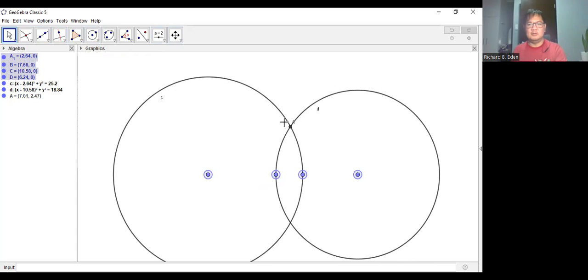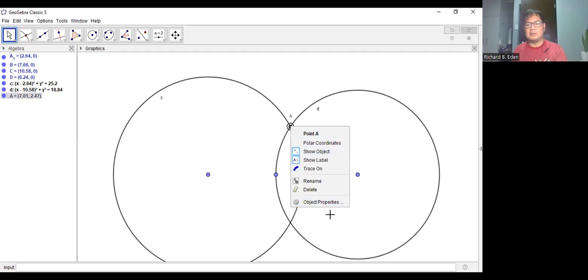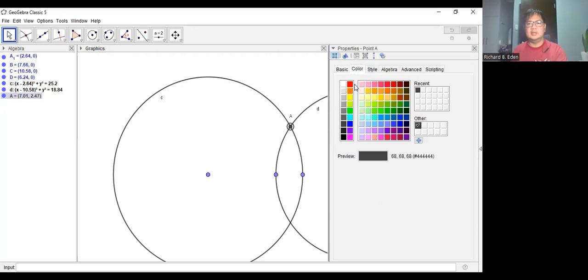So that's point A, and point D is below it. We want to make point A the center, so let's make this black point more prominent. Let's say we make it red.